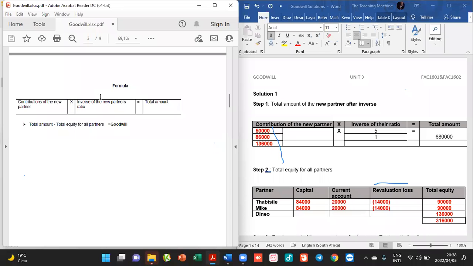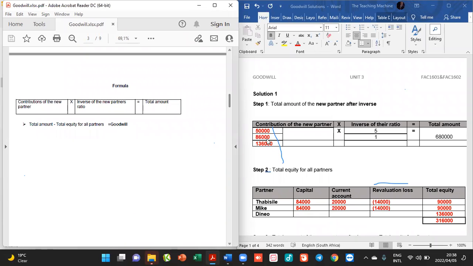When you reciprocate 1/3, it should be 3/1. If the ratio is 1/2, when you reciprocate, it should be 2/1. If it's 3/5, 5/3. If it's 4/7, 7/4. Then that will give you the total amount. Total amount minus the total equity for all partners will give us the goodwill.